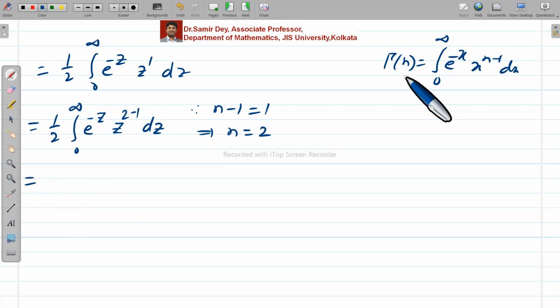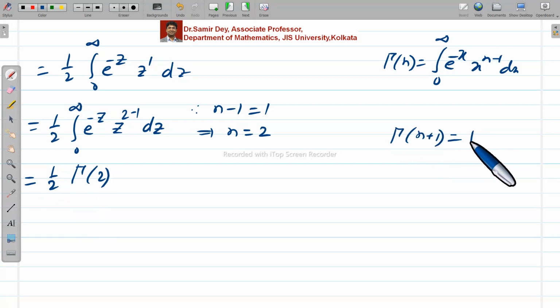Now formula wise, 1 by 2 gamma 2. What is your gamma 2? Already you know the formula: gamma n plus 1 equals factorial n. Here it is a positive integer, so you may write 1 by 2 gamma 1 plus 1, where n equals 1.